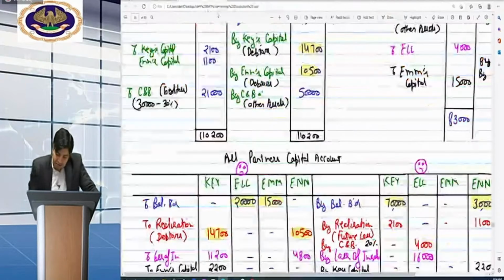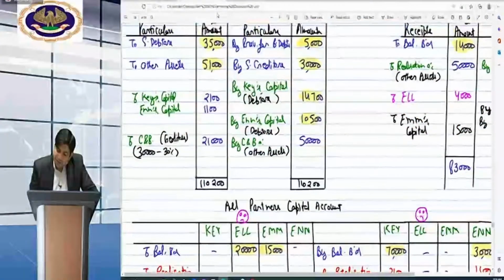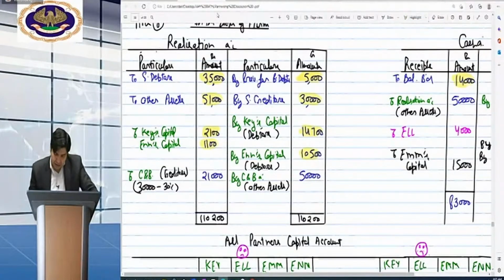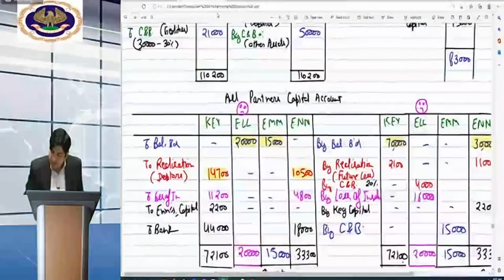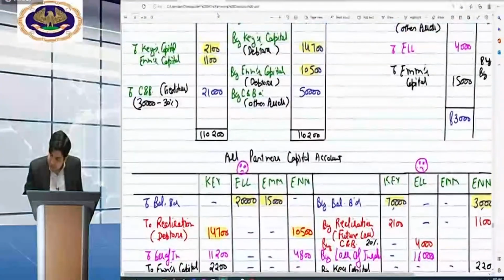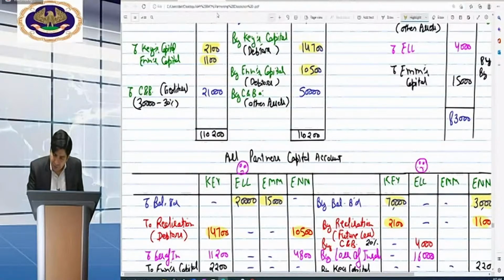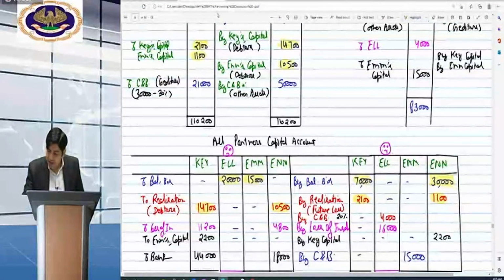So from the realization, they are being allowed some amount to compensate their losses if they find their debtors less than whatever they have agreed. So already in advance they are being allowed as a compensation. So 2,100 and 1,100 have been credited as per agreed.